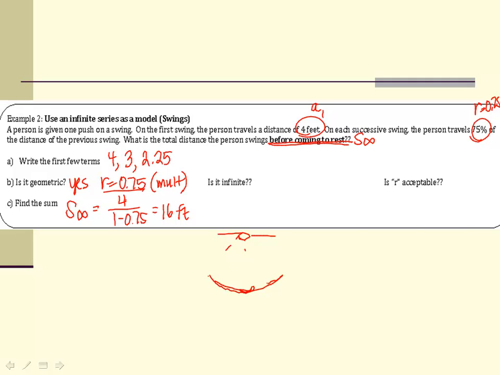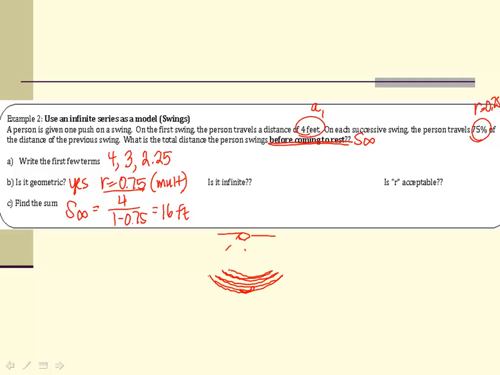And the next time it's going to swing a little less, and then a little less, and a little less, and it's going to keep going. Now, if you keep going 75% of the time, the question is, will you ever reach 0? This is actually like an exponential decay type idea where you get closer and closer and closer to 0, but you don't ever touch it.